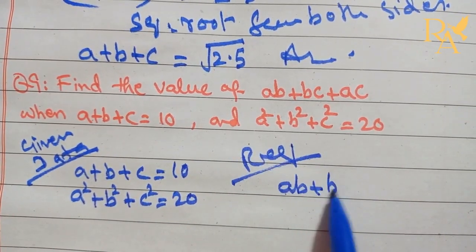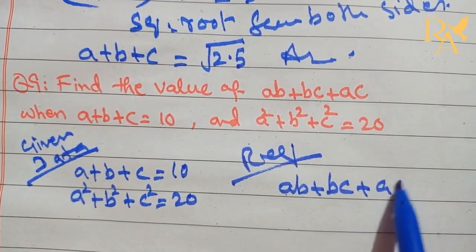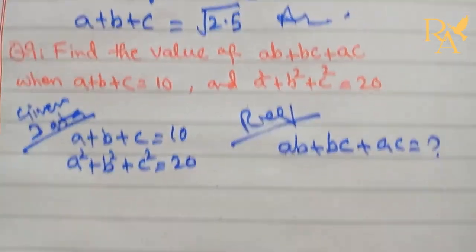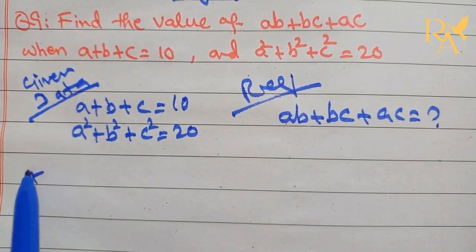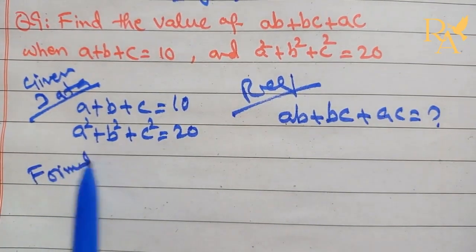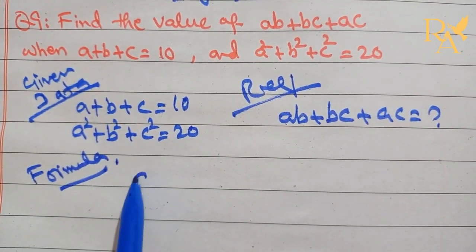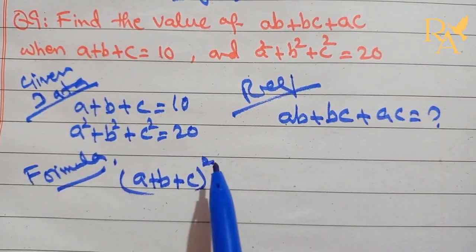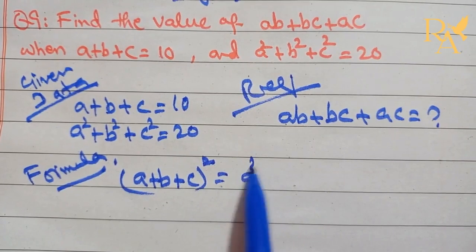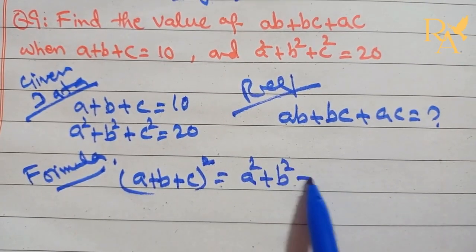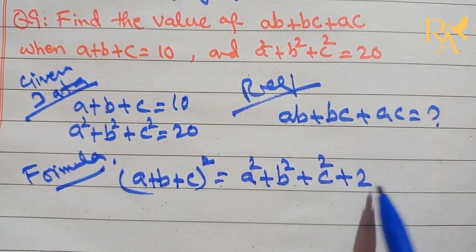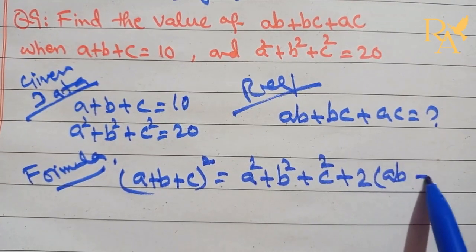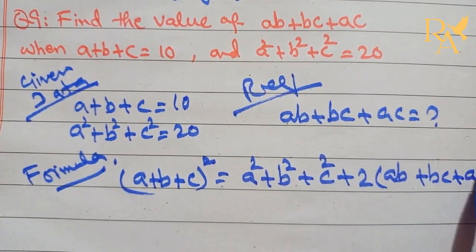AB plus BC plus AC is required. And now what is the formula? The formula is A plus B plus C whole square is equal to A square plus B square plus C square plus 2 times AB plus BC plus AC.